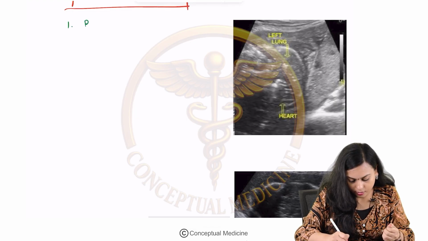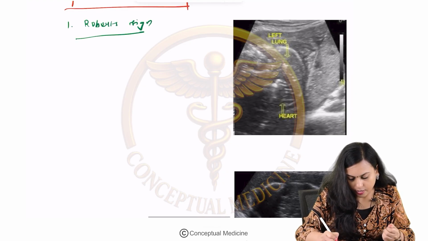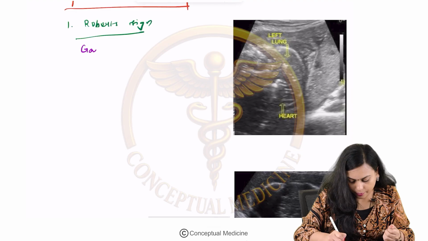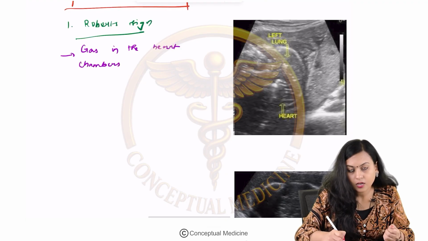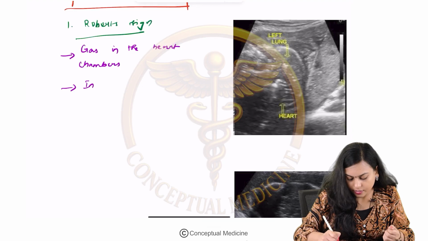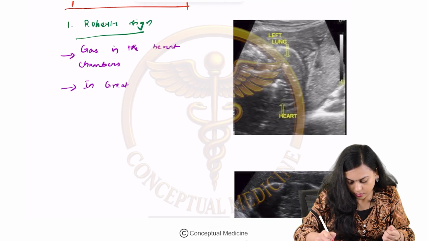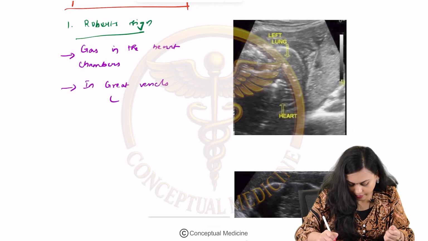Number 1 is Robert's sign, okay. In Robert's sign, you will be able to appreciate gas in the heart chambers, okay, or even in great vessels, okay, like say aorta, okay.